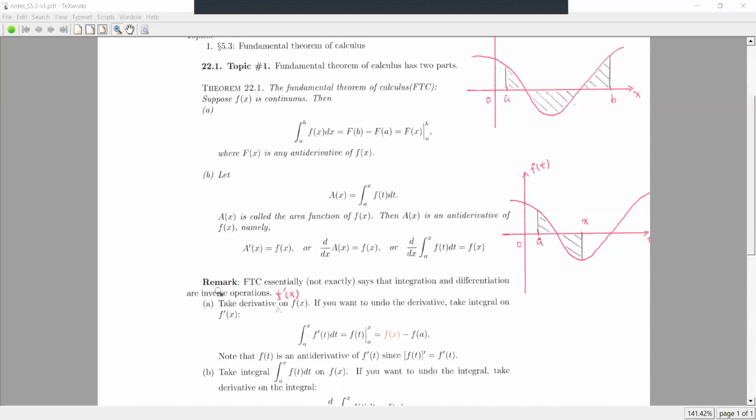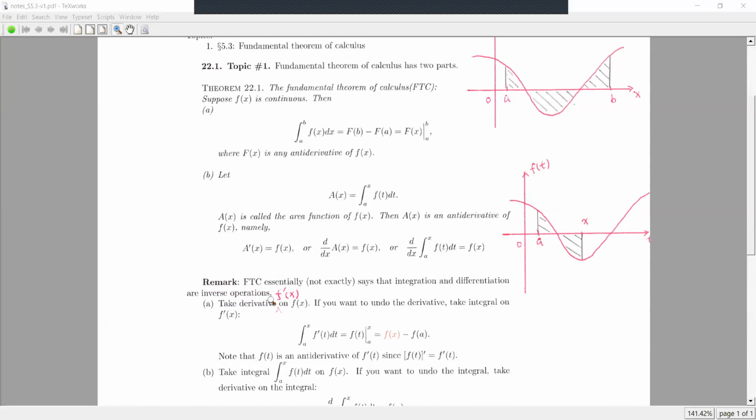Now, here is a remark about this theorem. Fundamental theorem of calculus essentially says that integration and differentiation are inverse operations. That is, take integral and take derivative, they are inverse operations.